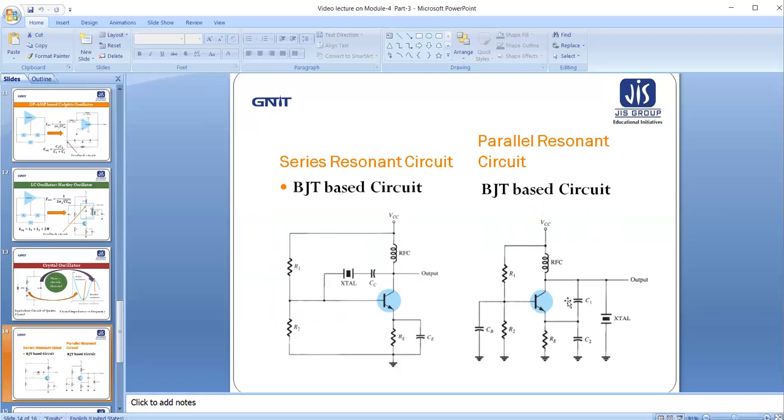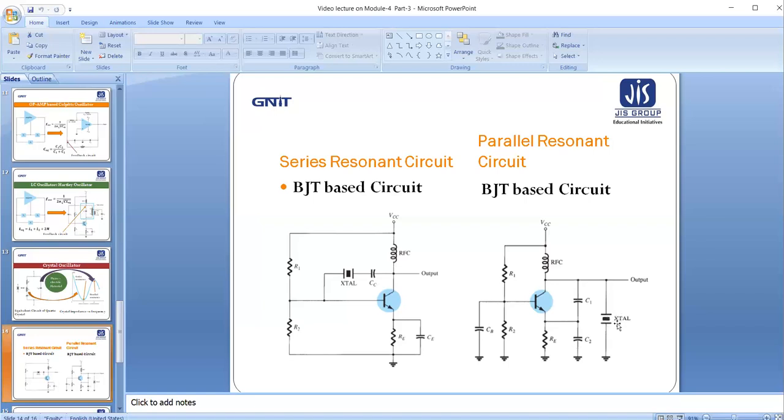And in the parallel resonance circuit, what is happening? This parallel resonance circuit will produce a high level of voltage. The crystal is connected in parallel with the transistor, and the feedback circuit is C1 and C2. So what happens?